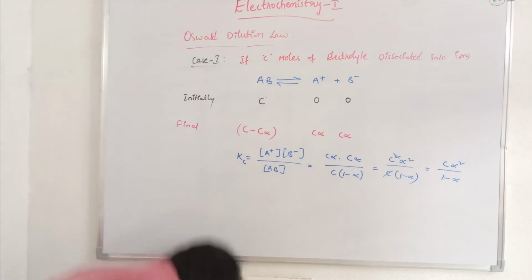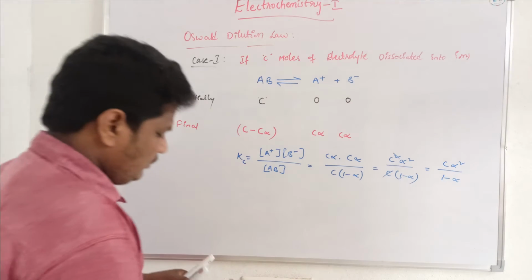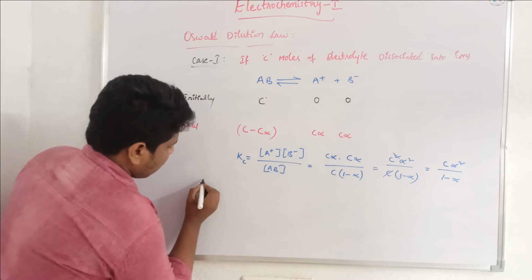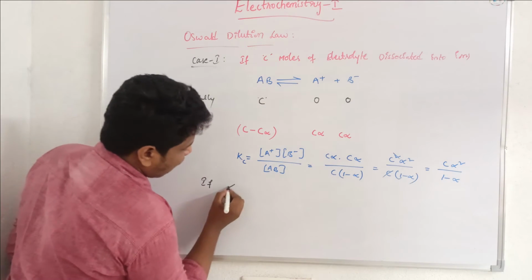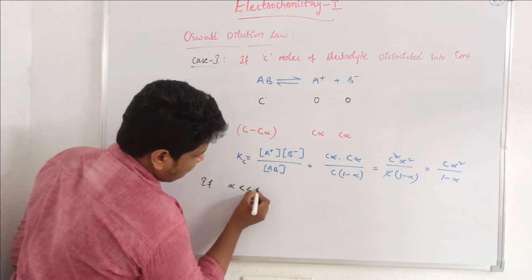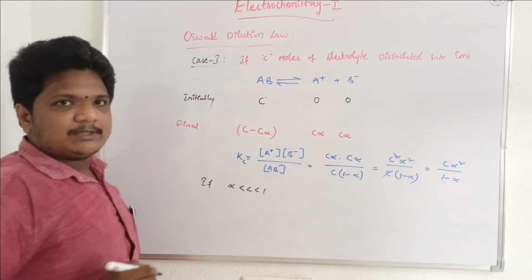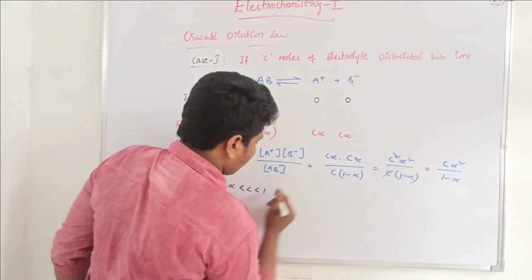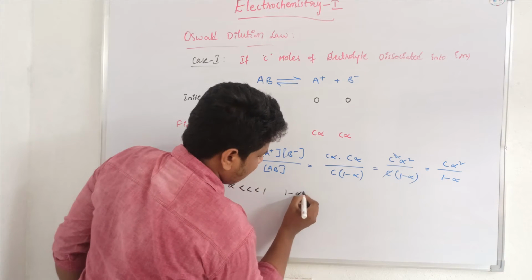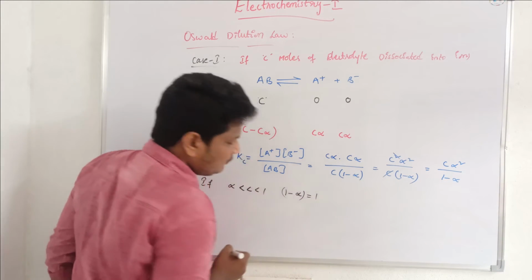Now, if alpha is much less than 1, the value of 1 minus alpha is approximately equal to 1.